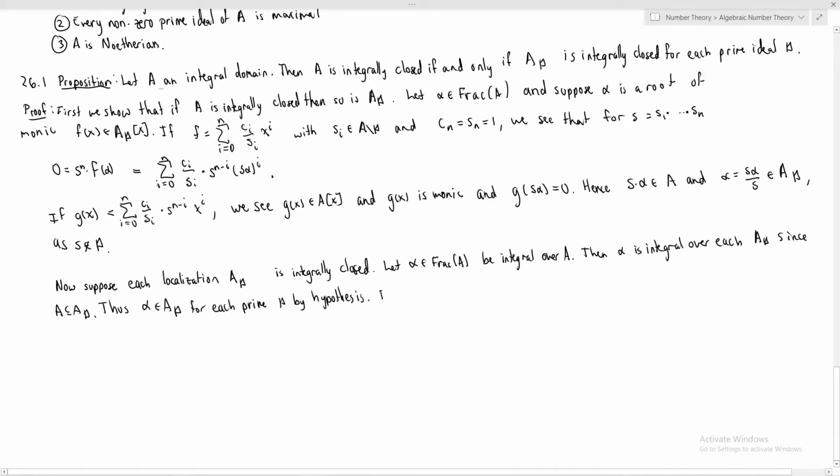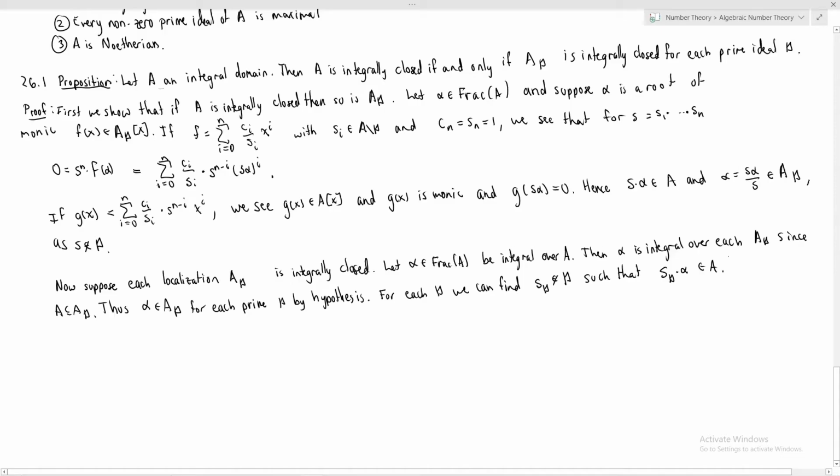This means for each prime P, we can find a denominator s sub P not in P such that s sub P times alpha is in A. This is just what it means for alpha to be in each A_P. This is just like a direct translation.